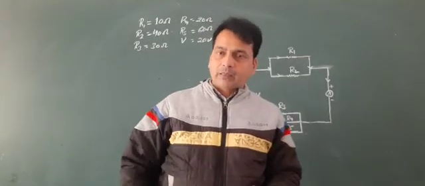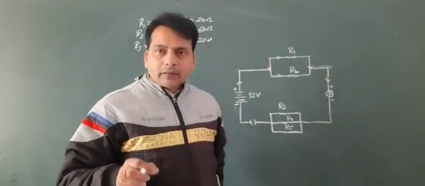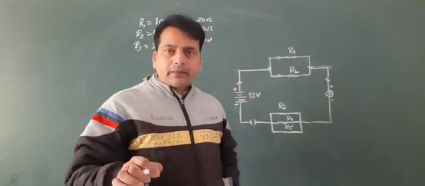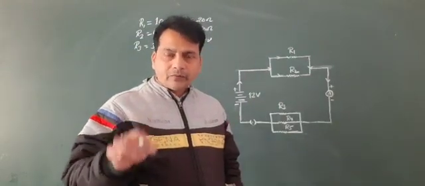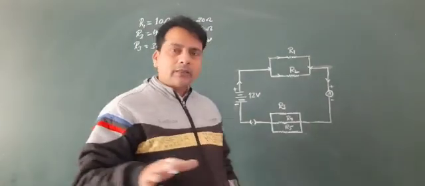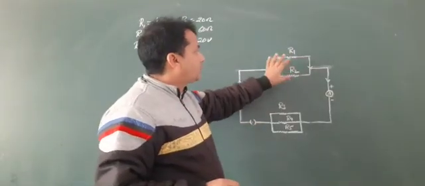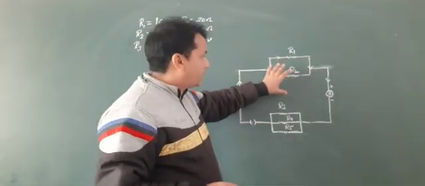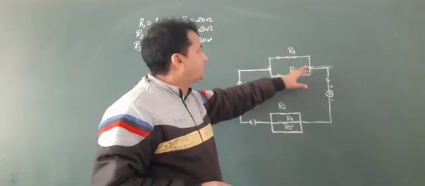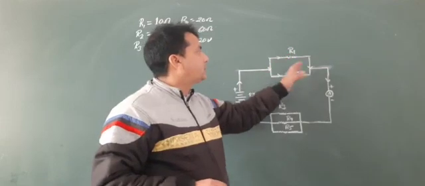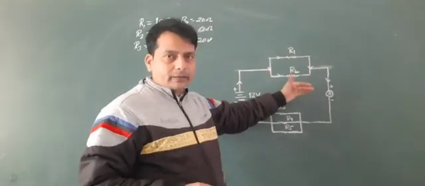We know that if two or more resistors are connected in parallel combination, then the electric current flowing across each individual resistor is different, and the potential difference on each resistor will be the same. So it is clear that R1 and R2 are connected in parallel combination, because they are connected to common points, and the electric current flowing across each resistor will be different.